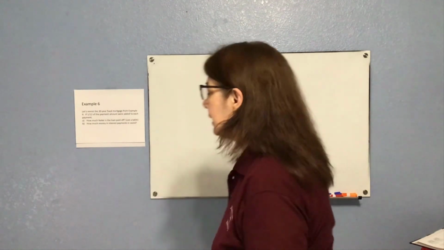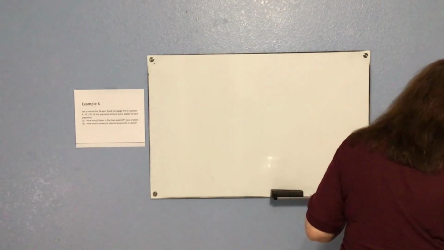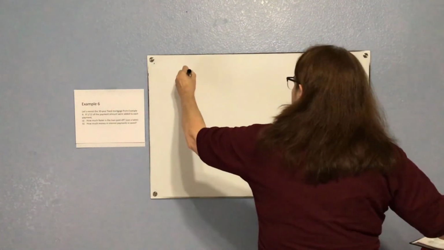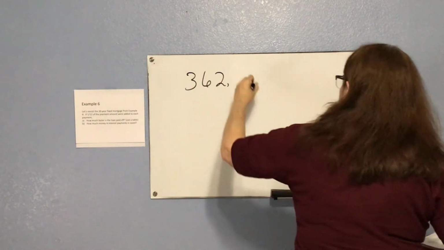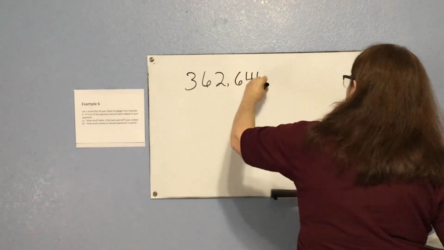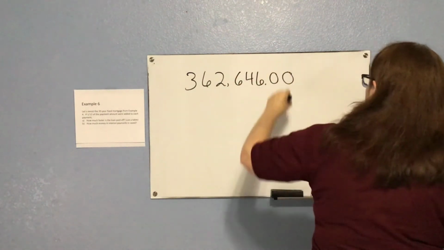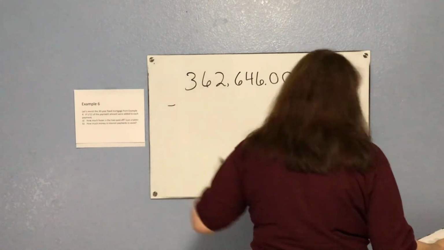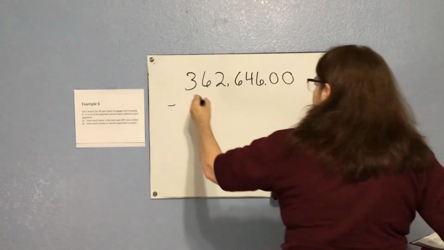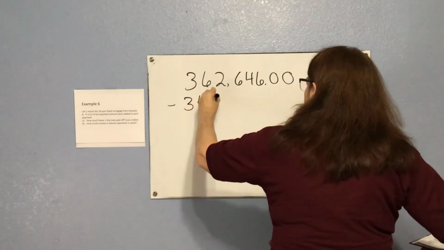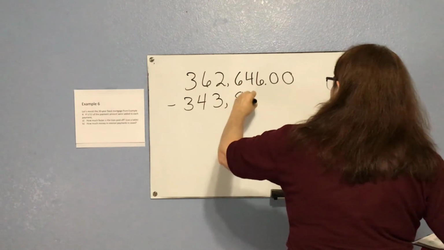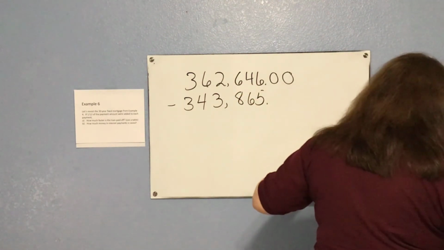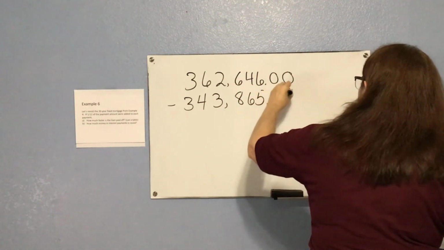But now we want to know, how much money did we actually save by paying off the mortgage early? So going back to example 4, our total of payments was $362,646. But with the extra payment, we only paid $343,865.51.